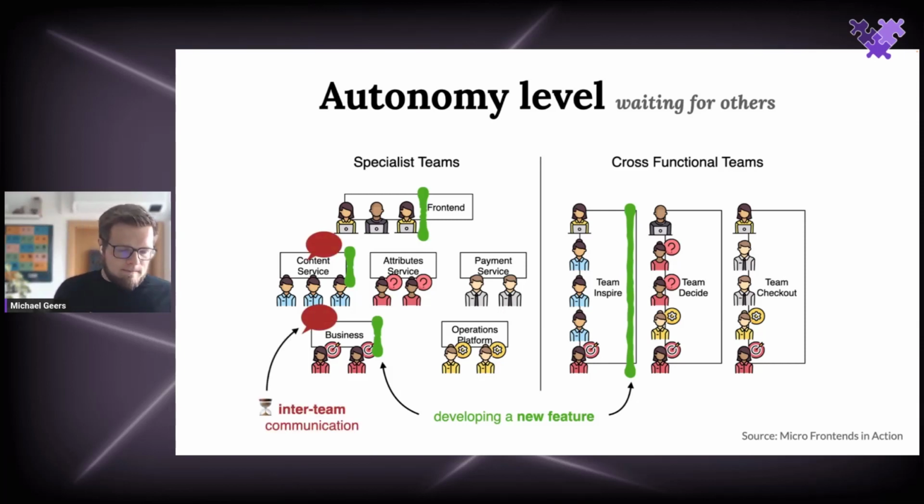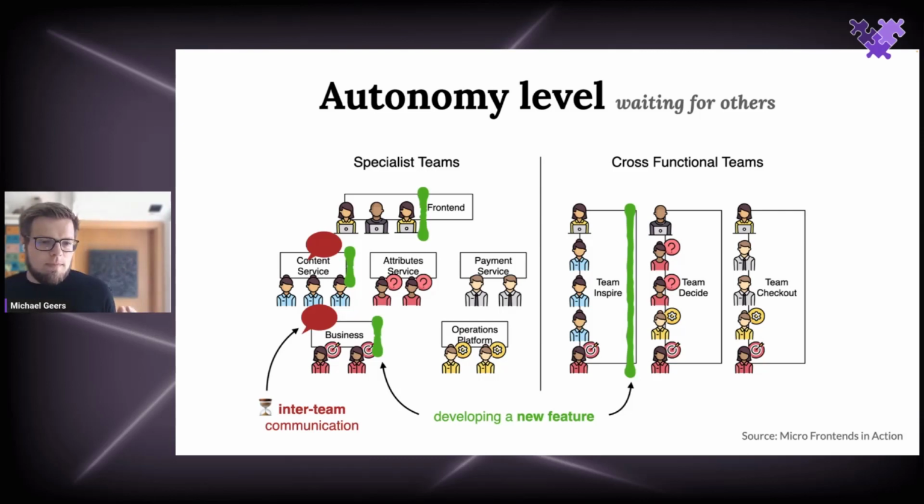So they all have to understand the feature. They have to put this feature to their backlog. They have to prioritize it. They have to talk to each other about how the interfaces should be. And this is a lot of extra work, maybe not with lines of code, but especially when you think about time. So organizing meetings and prioritizing things. This is quite expensive time-wise.